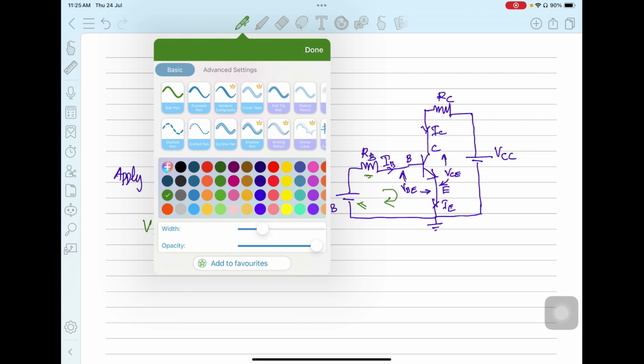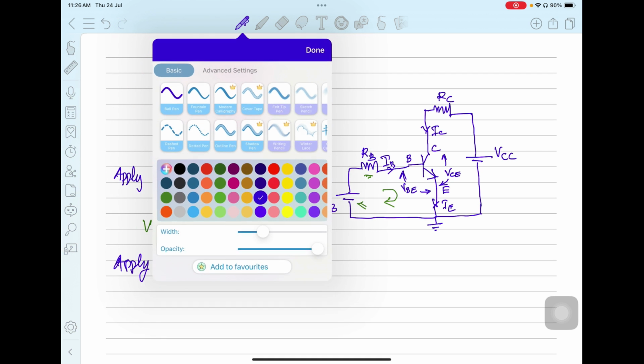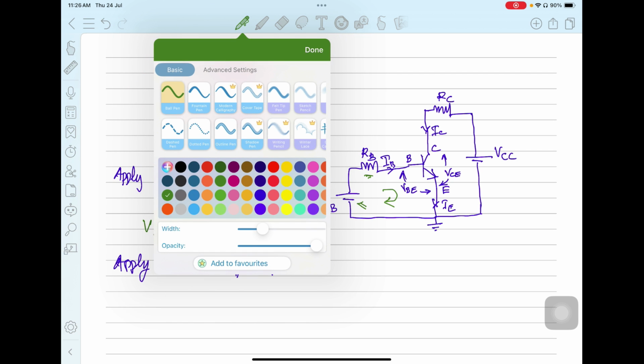Similarly, you can apply Kirchhoff's voltage law to the output loop. So when you take the output loop where the collector and emitter are there, you apply KVL on the output side.